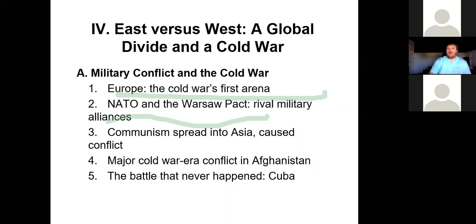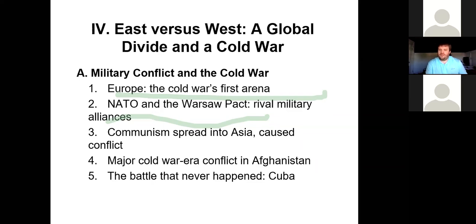And then the battle that never happened, the biggest issue of them all, Cuba. Fidel Castro comes into power in 1959. He gradually aligned himself with the Soviet Union, and the U.S., with all of its hostility towards the Communist Party, led Khrushchev, who was at the time the leader of the Soviet Union, to send nuclear missiles to Cuba.